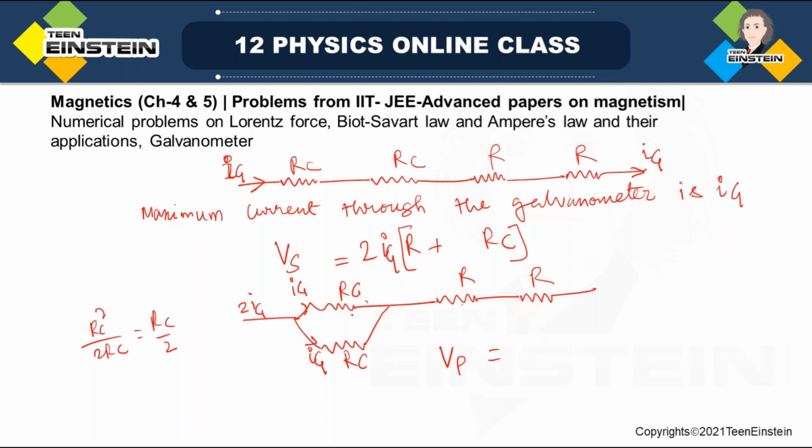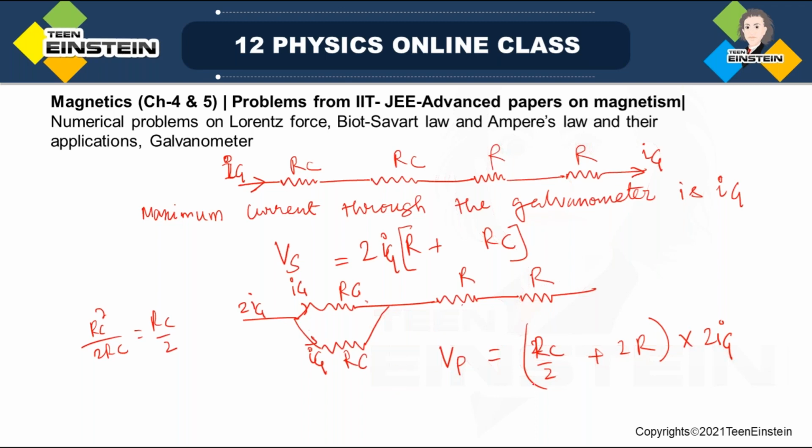So it will be 2Ig, or let me first find out what the combination is. RC by 2 plus 2R, right? Along with that, 2Ig is the current flowing through this.